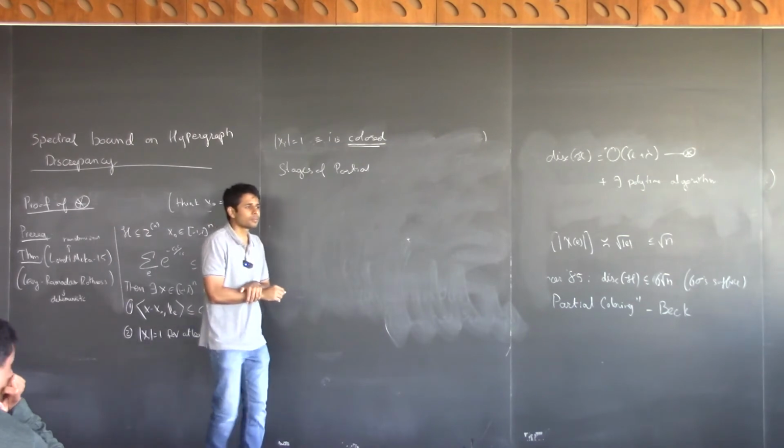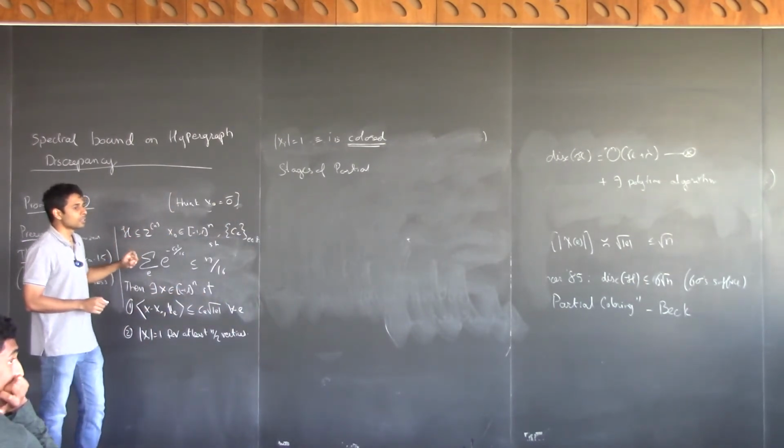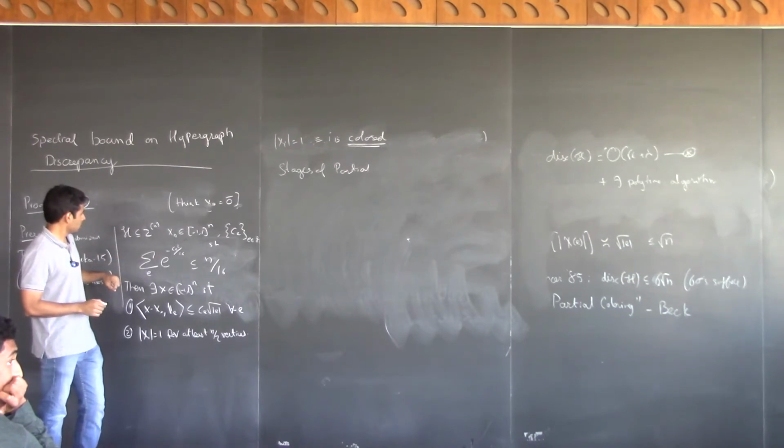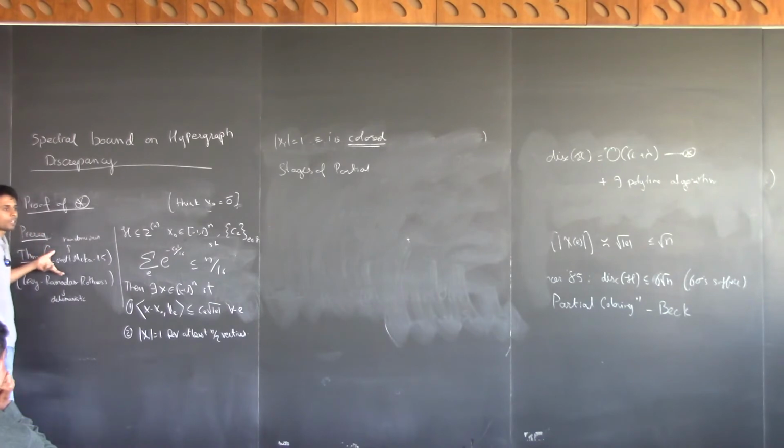Can you repeat how you partially colored? Oh, I'm using this as a black box. This is a theorem of Lovett and Meka.